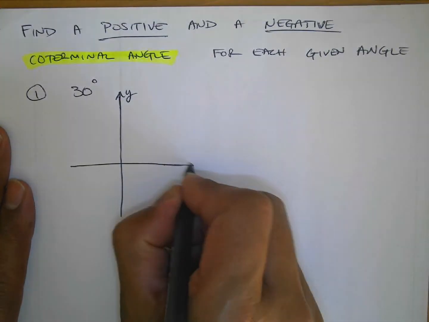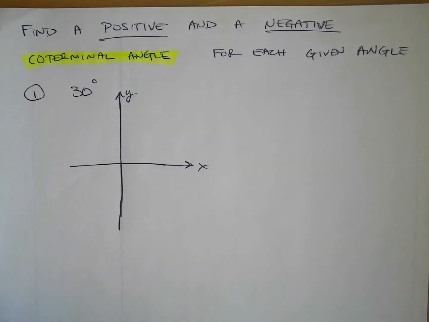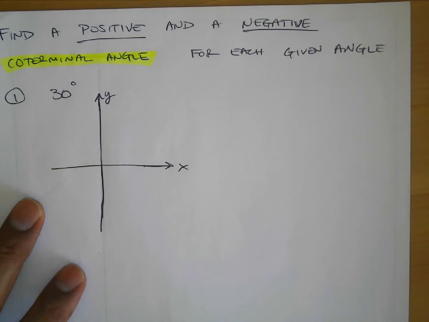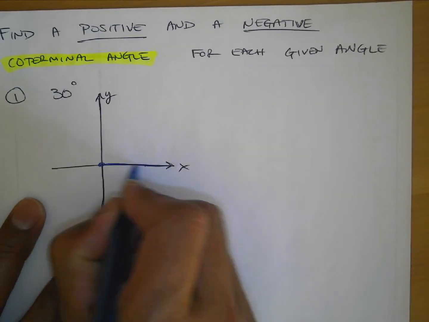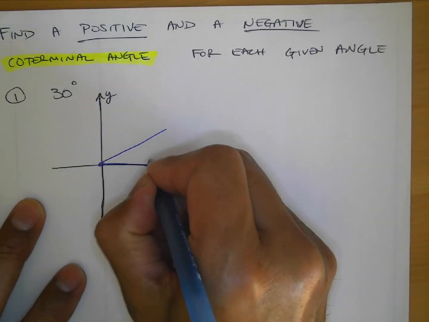So let's draw our xy axis. Let's look at this. 30 degrees starts here. All the angles initiate here, the initial side. 30 degrees is right there.